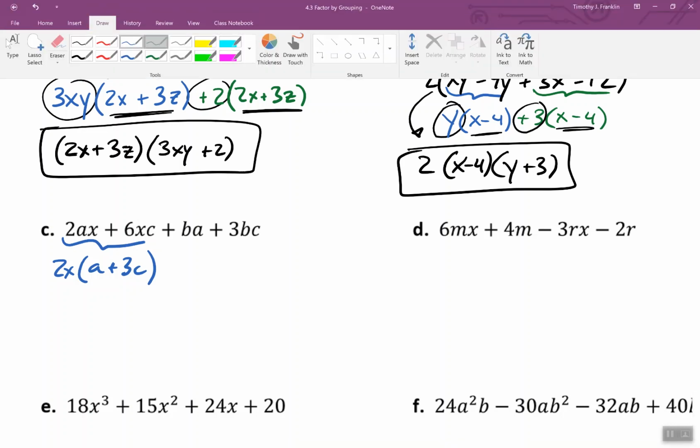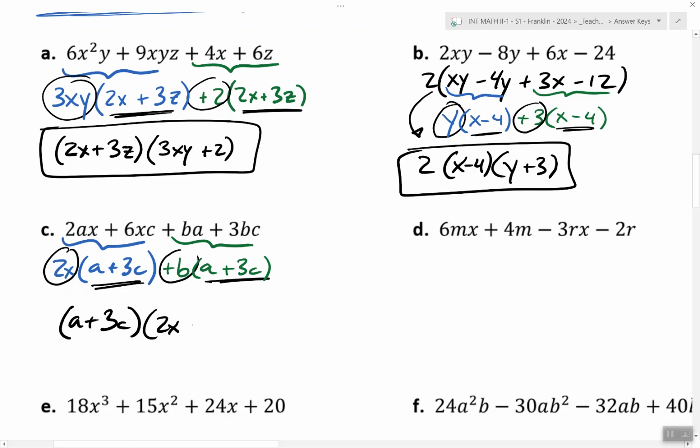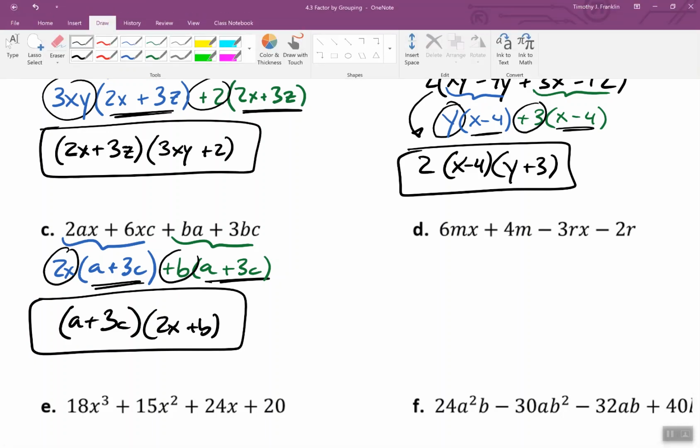And for the second group, we can take out a b, leaving a plus 3c, which again is the same, which is what we're looking for. And then left over is 2x plus b. So once you get used to the idea, it goes pretty quick.